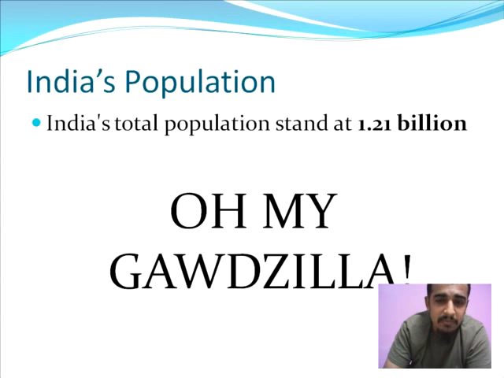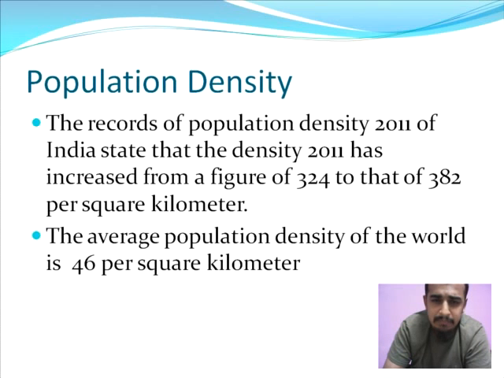Okay, now before I go about telling you why we actually became so dense in terms of population, let's go about seeing some more features of India's population. Population density in India is 382 per square kilometer. Now that's a big number, because if you look at the global average, it's just 46 per square kilometer.